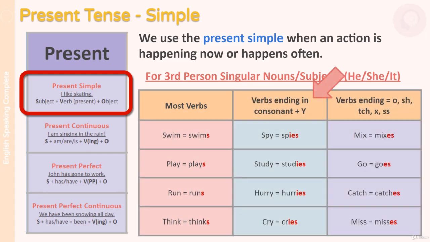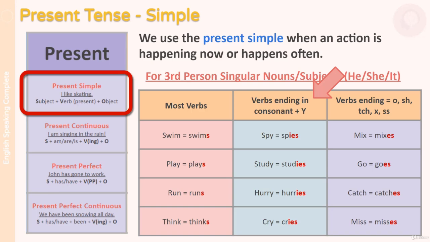So if the verb ends in consonant plus Y, a consonant being any letter that is not A, E, I, O, U. So for spy, we have the consonant P plus Y. So with consonant plus Y, we don't just add an S, we need to add I-E-S, and we need to take the Y away. So spy would become spies. Study would become studies. Hurry, hurries.